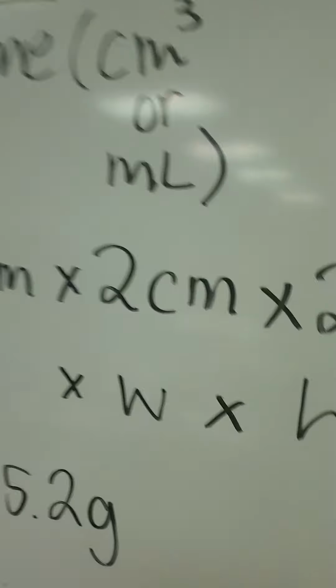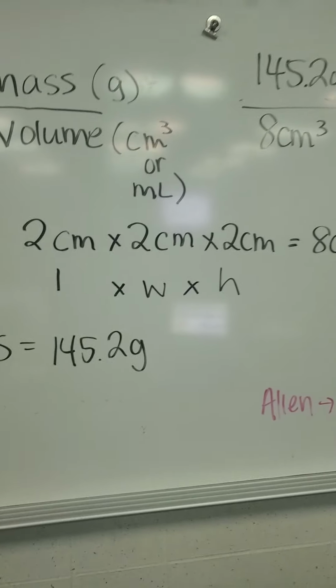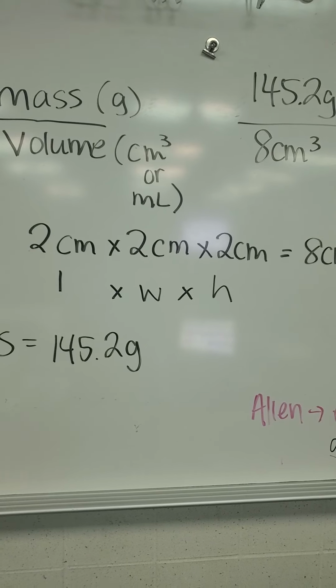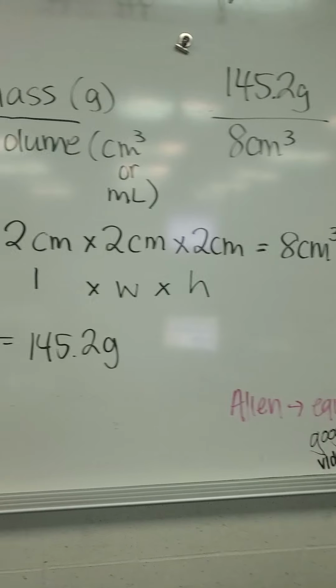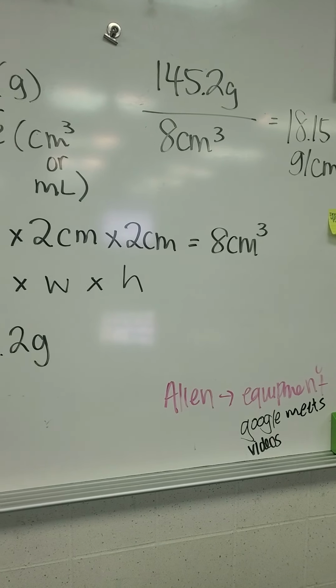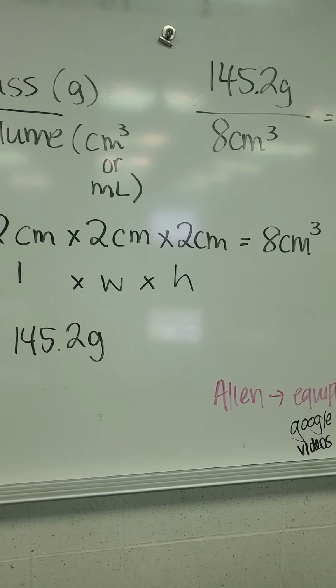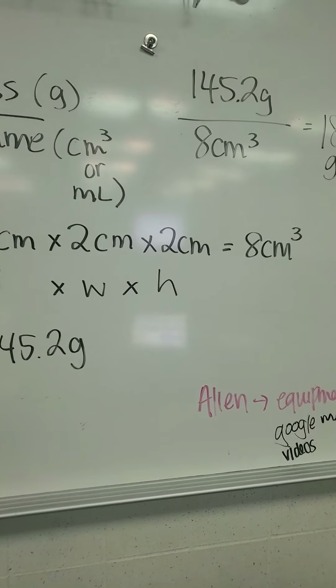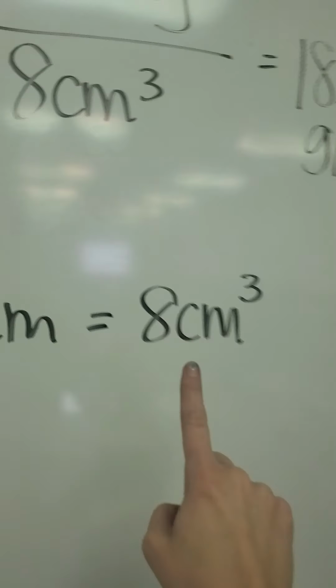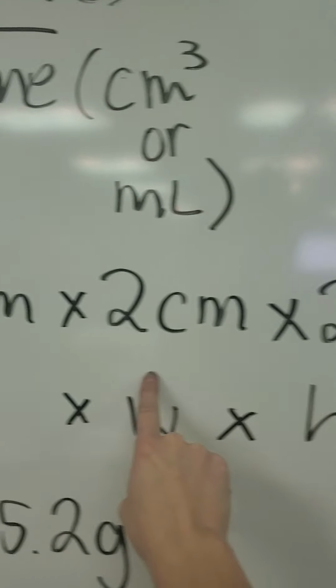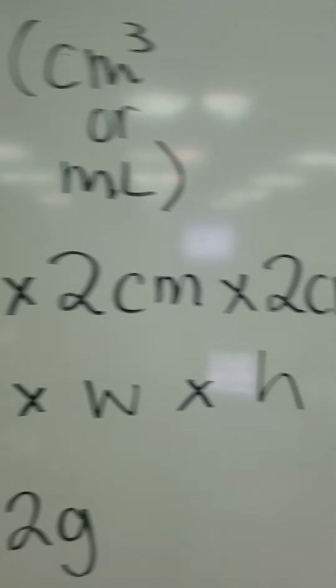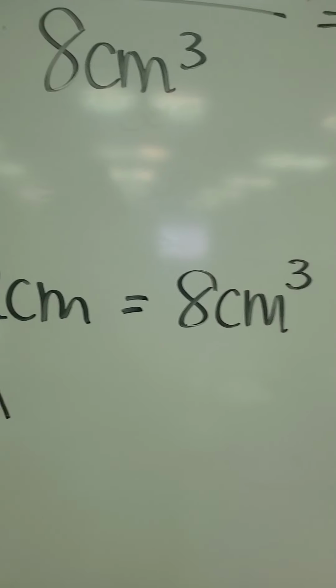So when we're doing the math piece, we have our length times our width times our height: 2 centimeters times 2 centimeters times 2 centimeters. 2 times 2 times 2 gives me 8. We also multiplied those units, so we have centimeters cubed, because we multiplied centimeters 3 times. So that's our volume.